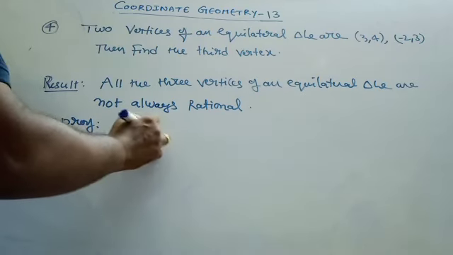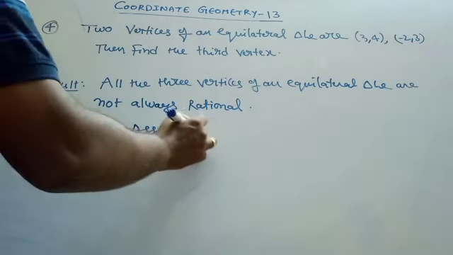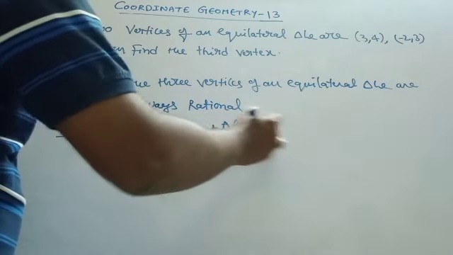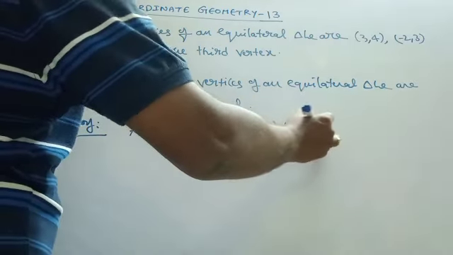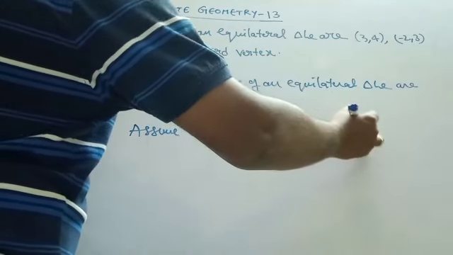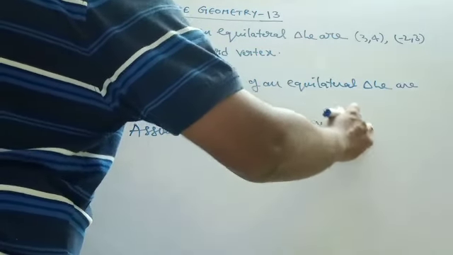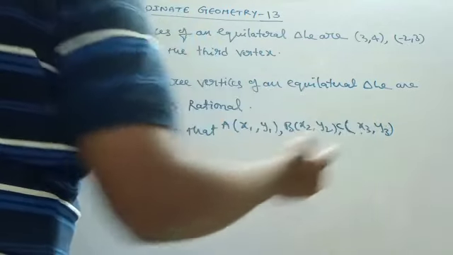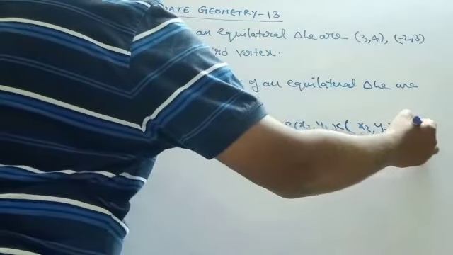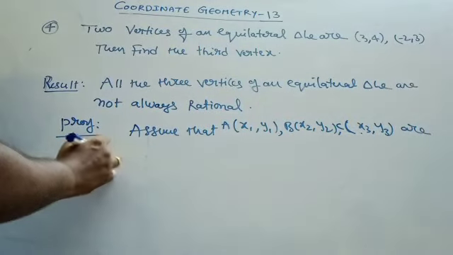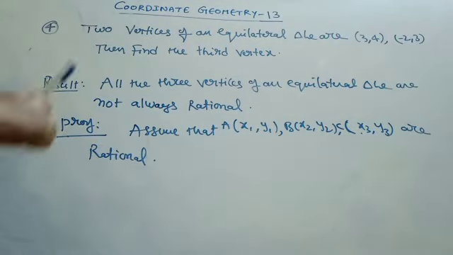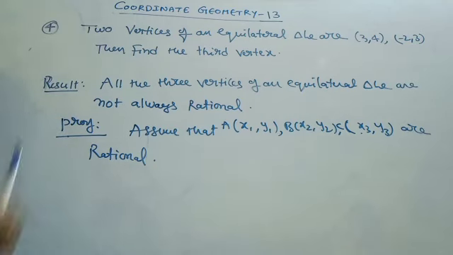Assume that (x1, y1), (x2, y2), (x3, y3) are rational. Actually they are not always rational, we have to prove that, but we are assuming that they are all rational.